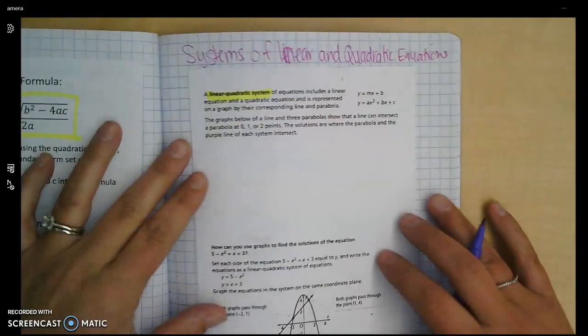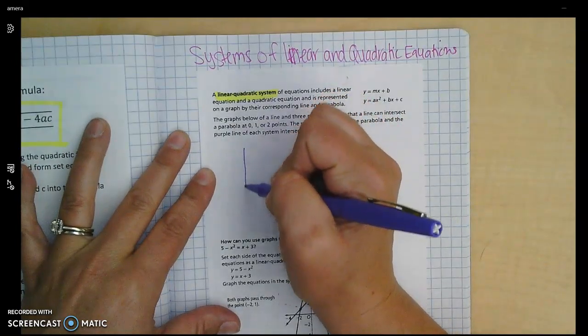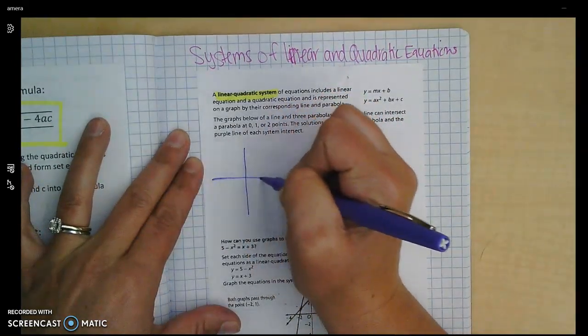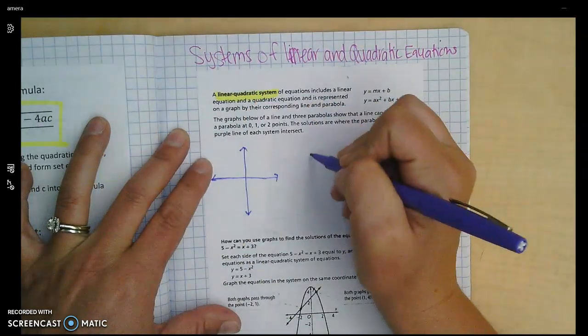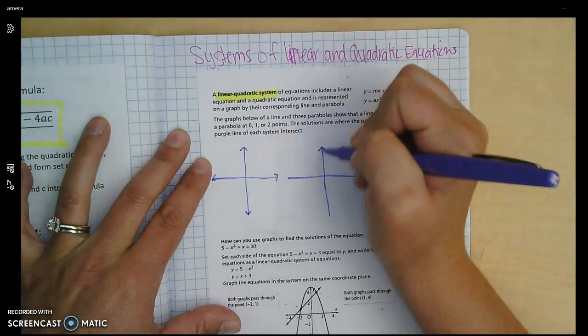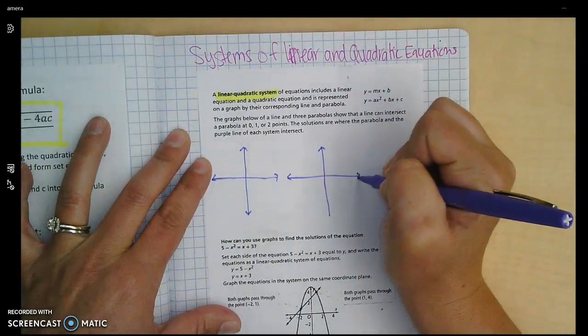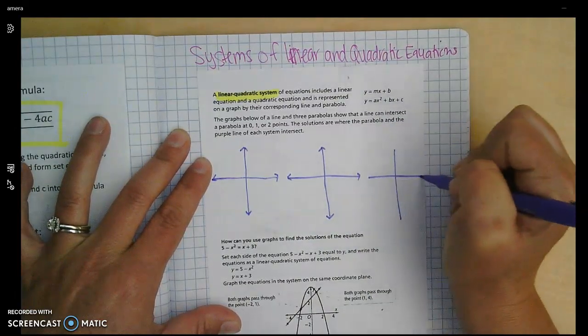Now this doesn't have the graphs, but we're going to create them. First, we're going to draw 3 coordinate grids so that we can represent each of these situations.